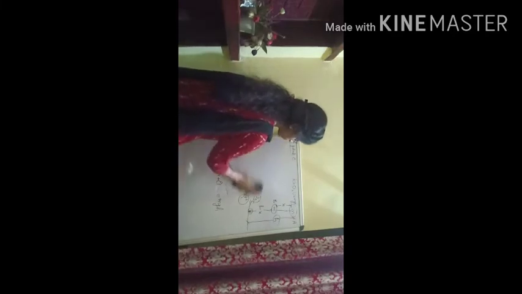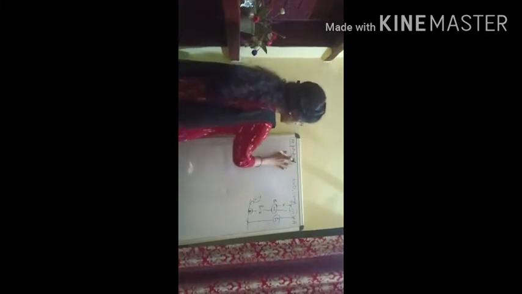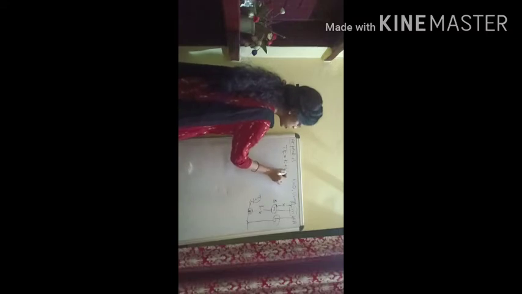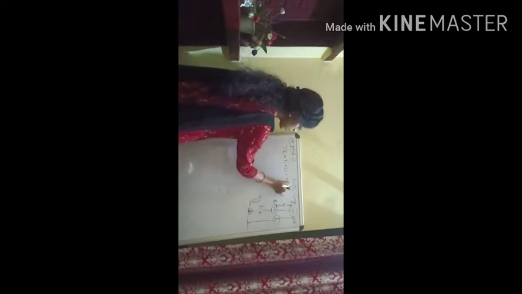Now if I summarize, what we have seen is that at point A, the total energy, that is the sum of kinetic energy plus potential energy, is mgh. At point B, again the total energy is mgh.